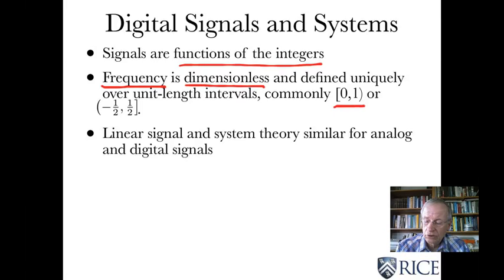Usually it's going to be 0 to 1 or minus a half to a half, and the minus a half to a half is the one we're going to use a lot when we're doing theory. It's going to turn out that in a practical calculation, it's convenient to take frequency going over 0 to 1. I'll point this out when we get to it.